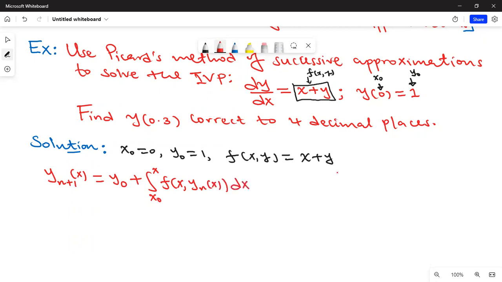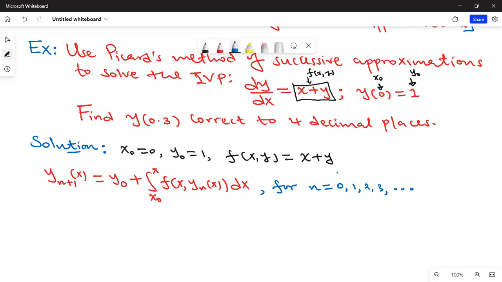So that is the iterative formula that we are going to be using to approximate the solution of the given initial value problem. And you can write here for n is equals to 0, 1, 2, 3, etc. So we are going to iterate until we achieve a convergence, or simply until the successive approximations converge to a constant value.